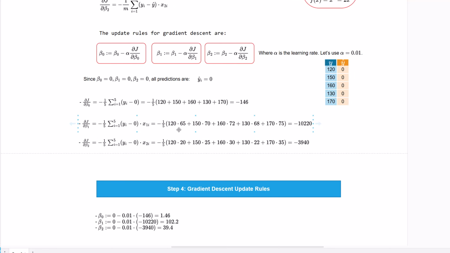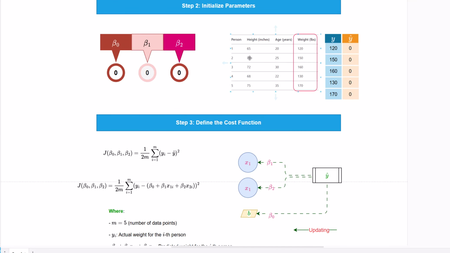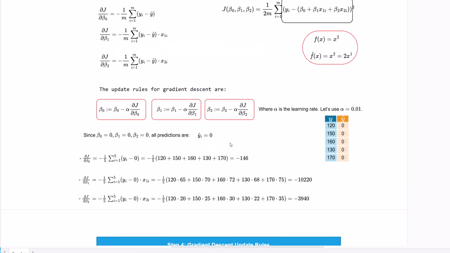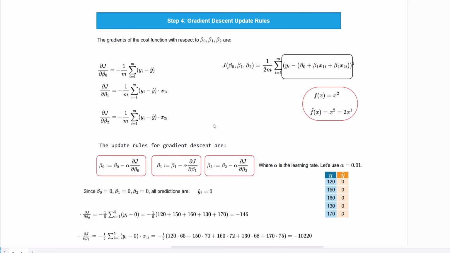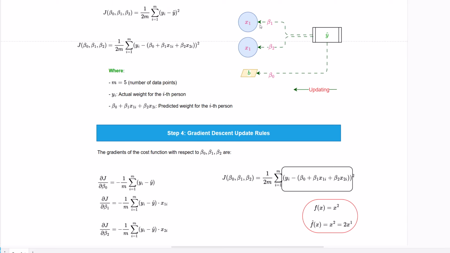So 120 multiplied by x1, which is 65, then plus 150 multiplied by 70, which is x1 as well. The next one will be multiplied by 72, 86, and etc. This is for beta 1, because beta 1 is related to x1. So I will just use x1 here. And beta 2 is related, oh sorry, to x2.